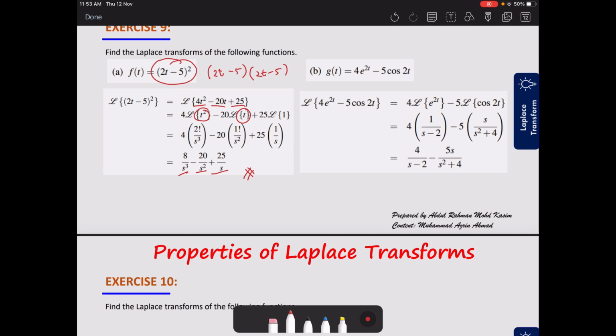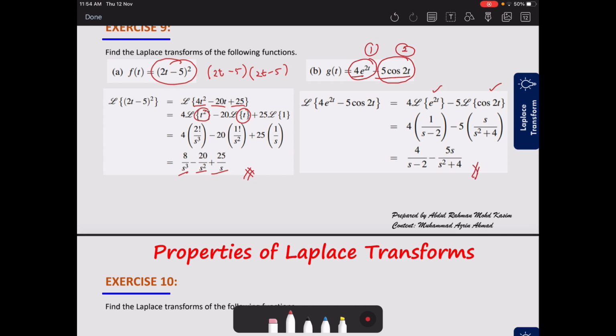For the second question, we have a combination of two functions: 4 exponent 2t minus 5 cos 2t. So we have this one, and then we have another one. This is number 2. You can see that we can transform it separately. By looking at this one and this one, you can find the answer directly from the table.